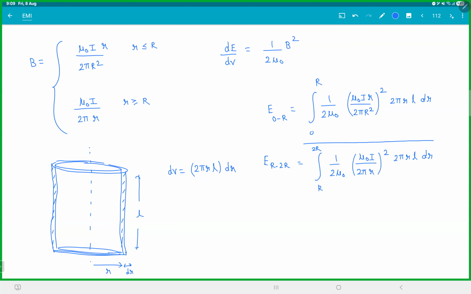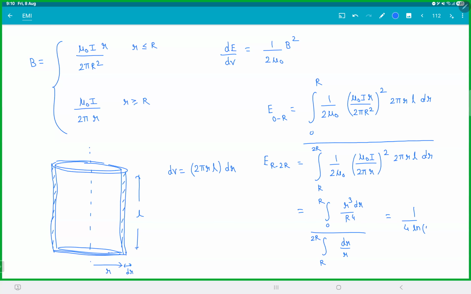If you see, the 2, mu naught, I, 2 pi and L will cancel. You will be left with r cube dr, giving r power 4 by 4, which will be 1 by 4.